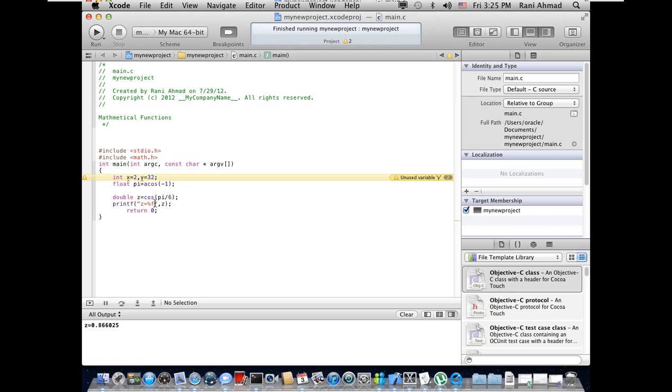And here, if you wanna make sure, let's print radical 3 alone.